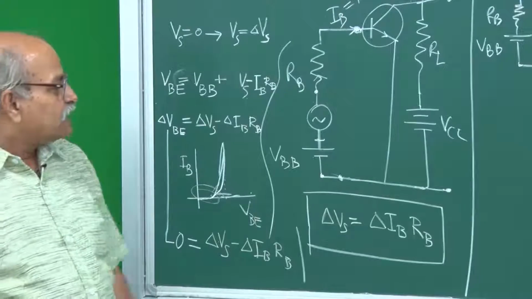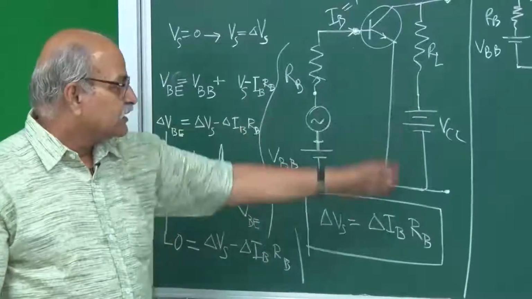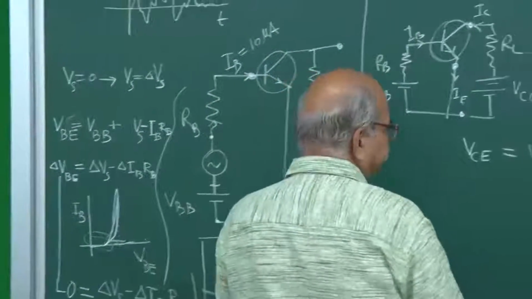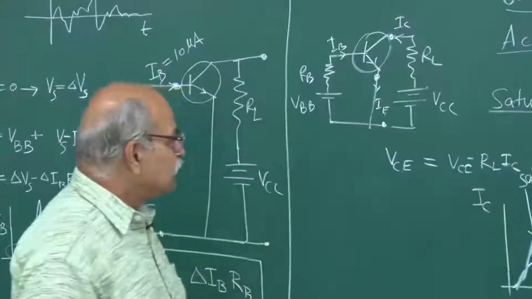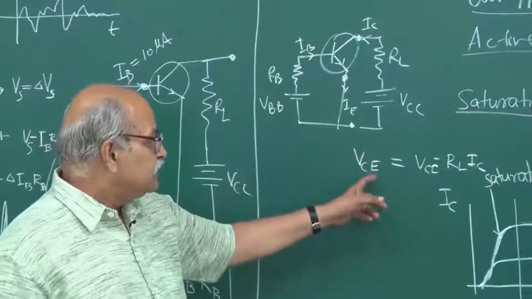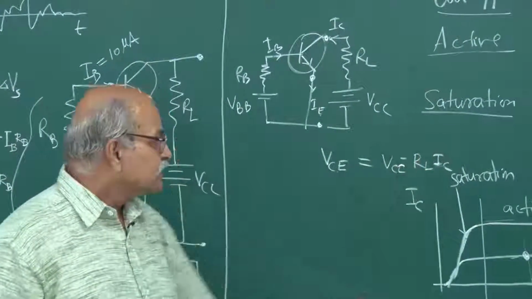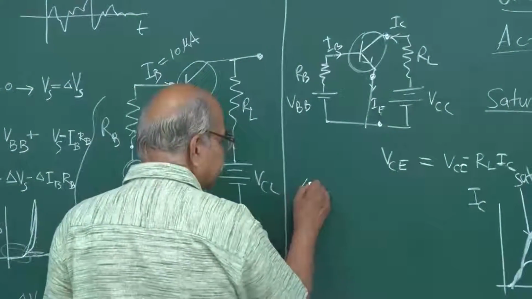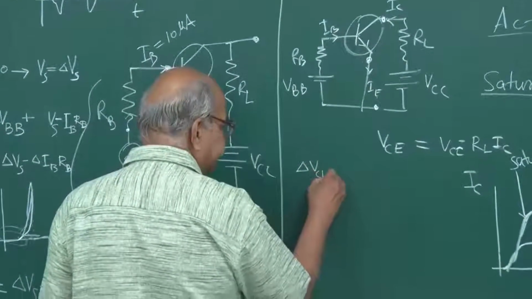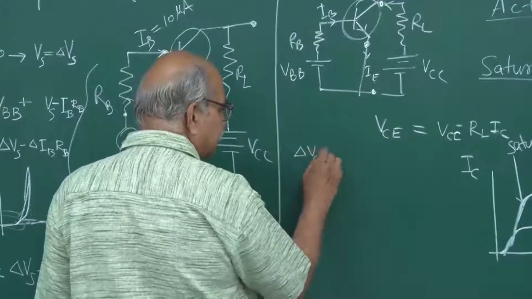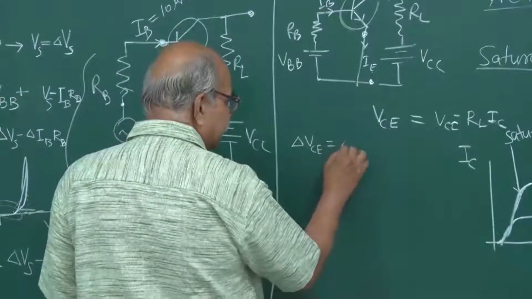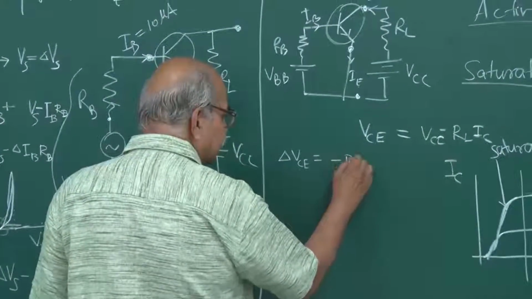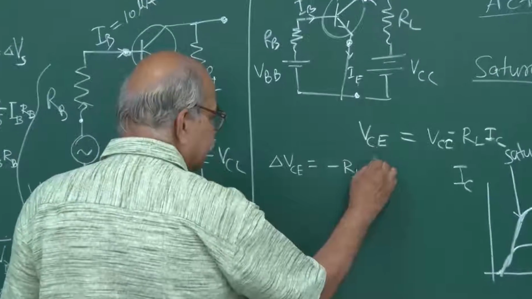Now let us look at what happens on the output side. For this we already have the equation, VCE is VCC minus RL IC. So if I write delta VCE, and remember VCE is your output voltage, it is delta VCC, which is 0, and then minus RL, which will remain there, and delta IC.